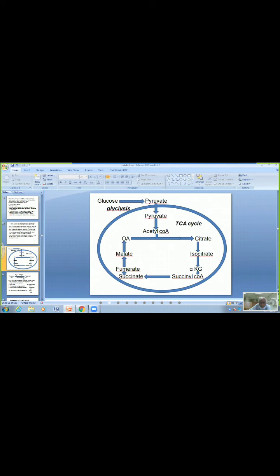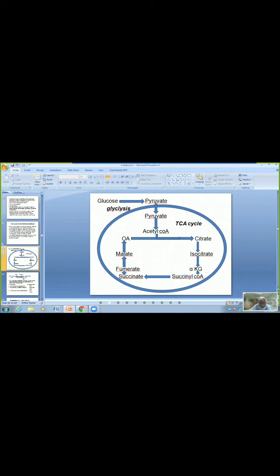Alpha ketoglutarate is then converted to succinyl-CoA, a four-carbon compound. Another molecule of carbon dioxide is produced here. Okay, is it clear?